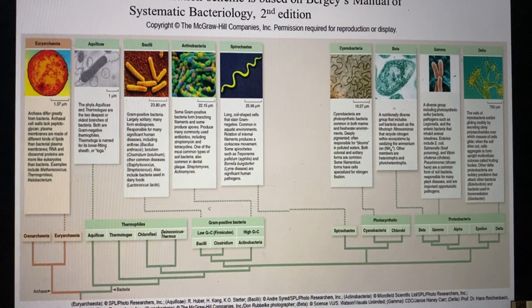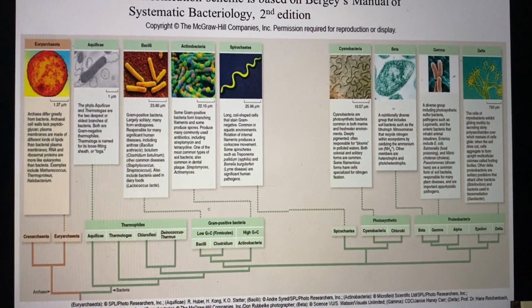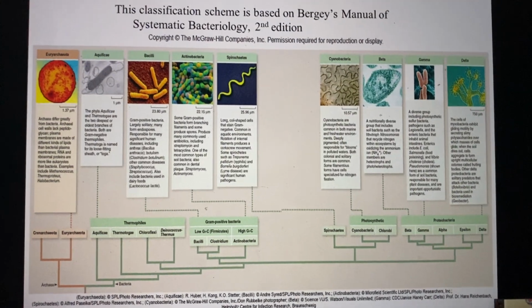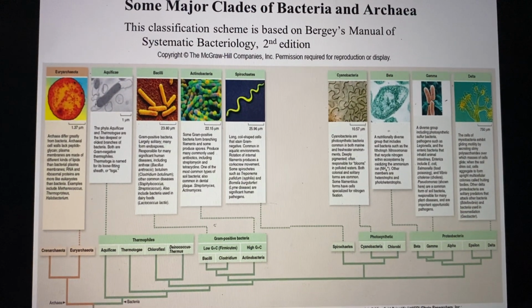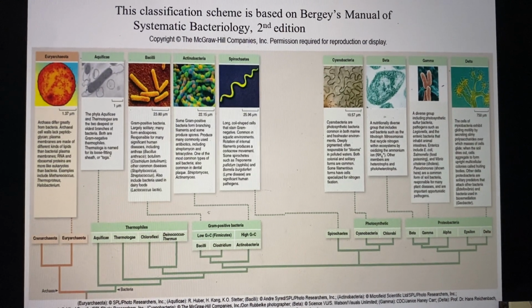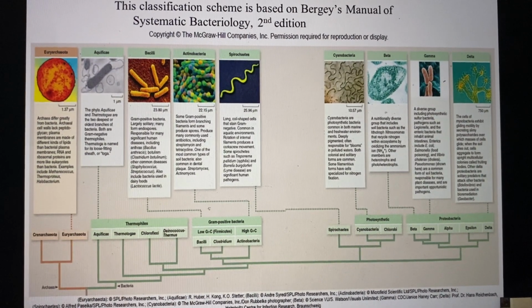Now, generally, when you've been studying microbiology up to now and bacteria, you've always focused on some very typical examples of bacteria, and you formed an idea that all the bacteria will look the same and function the same way.